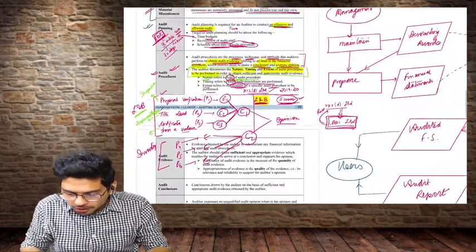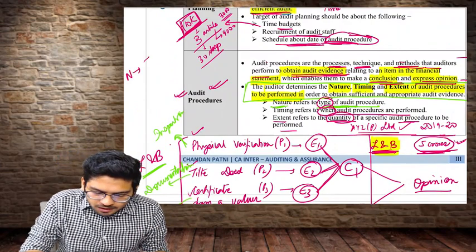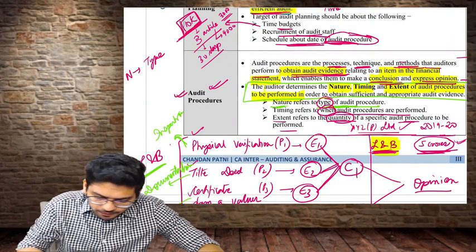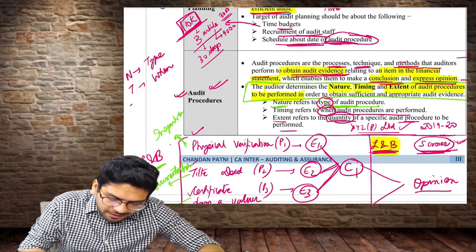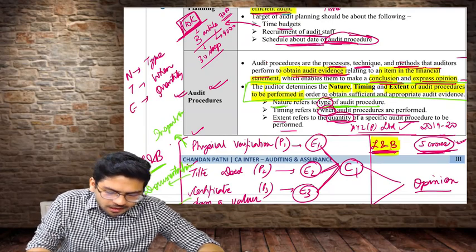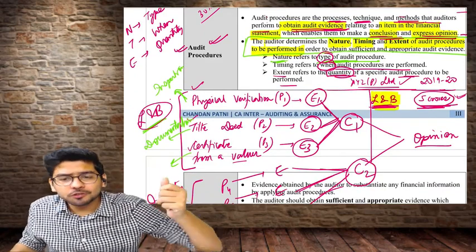Quantity. Okay. So in short, if I say N, it refers to the nature, which means the type of procedure that we need to apply. Timing refers to when the audit procedure has to be applied, and extent refers to the quantity of the procedure to be applied. Now in my example of land and building, what is the extent of procedures that we have applied?